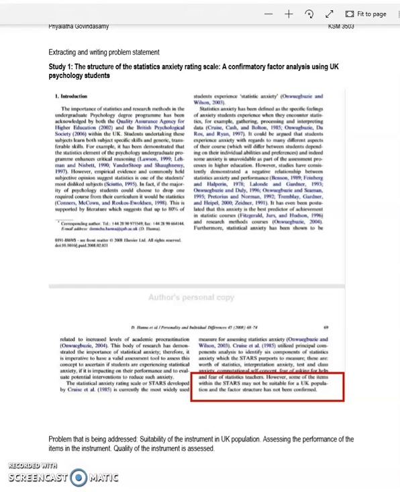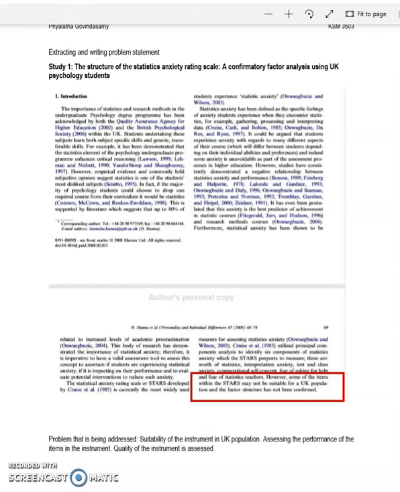So I collected all these articles. Now I would like to extract the problem that has been addressed by the papers that I have collected. Clear? So what I'm doing now is I have a topic. My topic is assessing the quality of an instrument called the statistical anxiety rating scale.